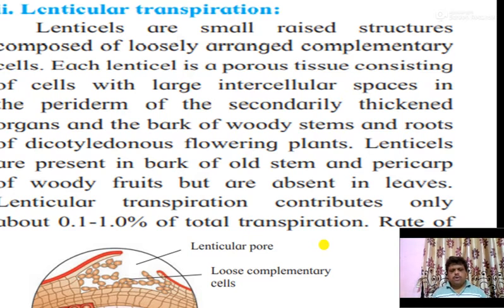Lenticels are small raised structures composed of loosely arranged complementary cells. Each lenticel is a porous tissue consisting of cells with large intercellular spaces in the periderm of secondary thickened organs, the bark of woody stems and the roots of dicots.